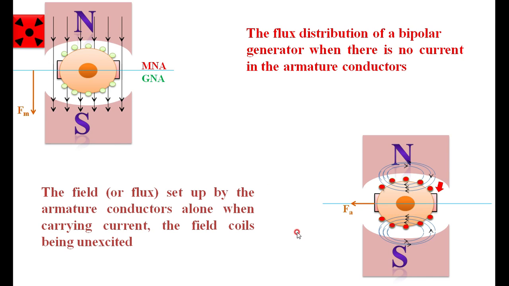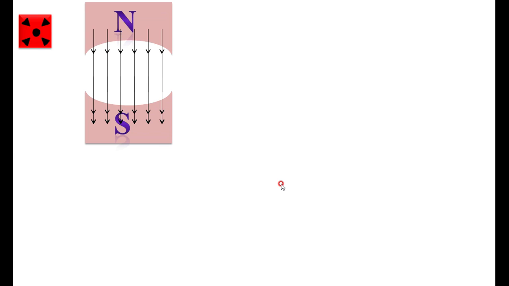Now, in an actual generator, both the main flux and the armature flux exist. Here I am considering one at a time, but in actual practice, when the generator is operating, both the main flux and the armature flux exist. In the generator that I am showing here, I have a main flux once again, represented by Fm.